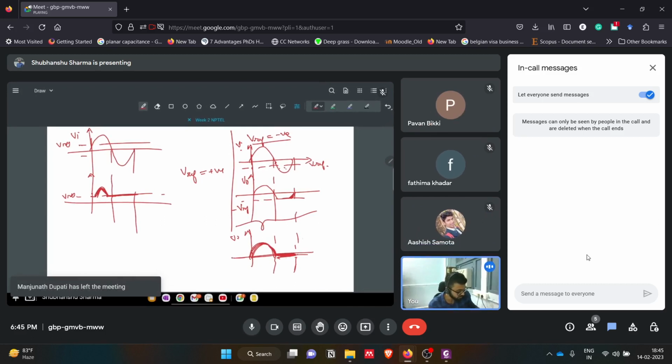So this is acting as a half wave rectifier. So basically, half wave rectifier is a subset of clipper. That's what I wanted to tell you.